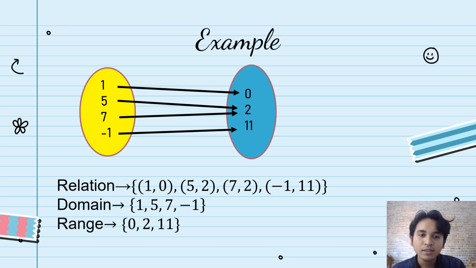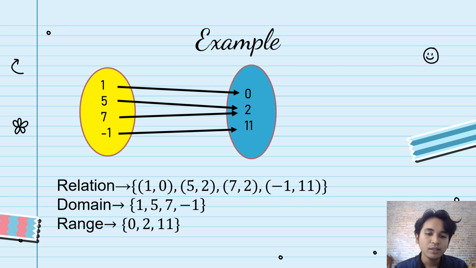Okay, let's see the arrows. 1 maps to 0, 5 maps to 2, 7 maps to 2, and -1 maps to 11. We get the relation {(1,0), (5,2), (7,2), (-1,11)}.